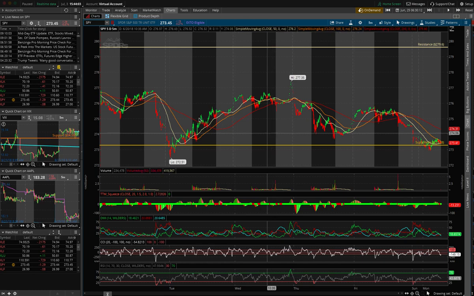Okay, so this here looks like one shoulder, this over here looks like a head, and this looks like another shoulder. So that could be a possible head and shoulders setting up to push this down.